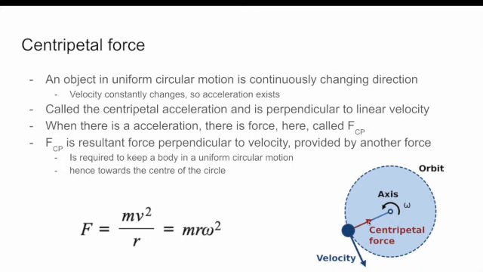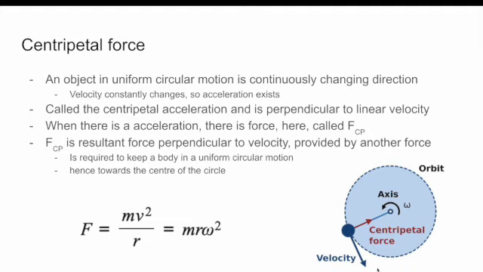So there's an acceleration towards the center of the circle according to Newton's second law, F equals ma. So the force is in the same direction as the acceleration. This force here is called a centripetal force, written as F with an abbreviated C and a P.